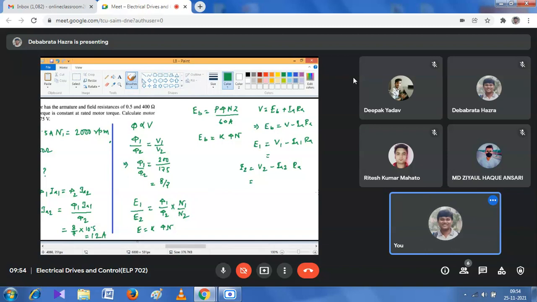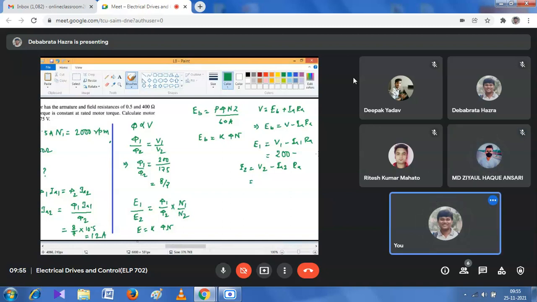What is the value of V1? Ritesh, what is the value of V1? Deepak, tell me the value of V1. 200.